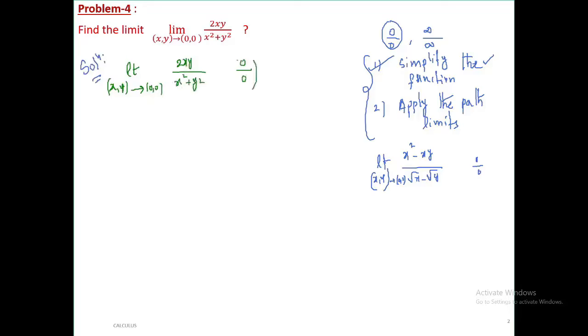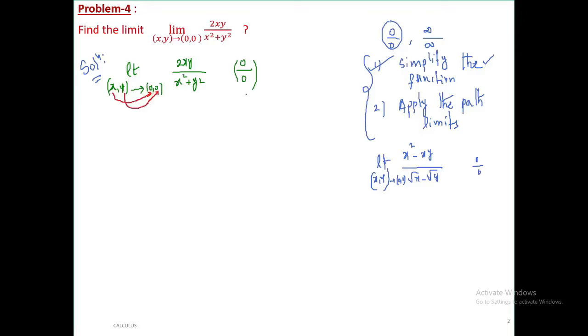So you are getting 0 by 0 form. Here x is reaching to 0 and y is reaching to 0, so together the doublet (x, y) is reaching to the doublet origin (0, 0). Now you're getting 0 by 0 form, so move on to either technique.